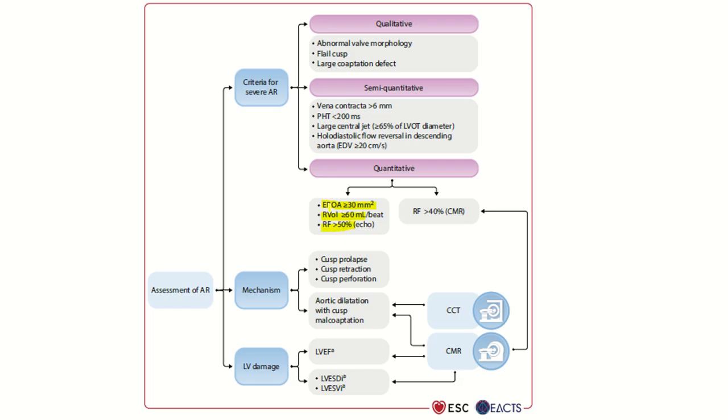Effective regurgitant orifice area is the size of the orifice that regurgitates blood, the regurgitant volume is the volume of blood regurgitated during each beat, and the regurgitant fraction is the fraction of blood regurgitated with each beat of the heart. So an effective regurgitant orifice area above 30 is considered a quantitative assessment of chronic severe aortic regurgitation.